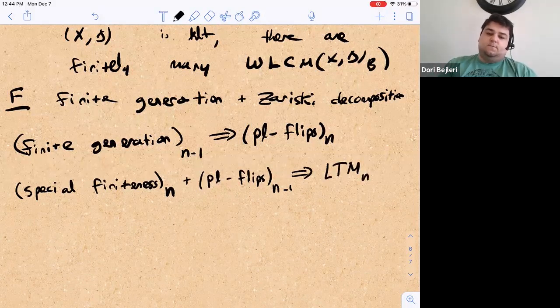I'm pretty sure I flipped around these indices. This should be special finiteness in dimension n, because X is dimension n. Now, I'm actually confused. Did I flip this around?